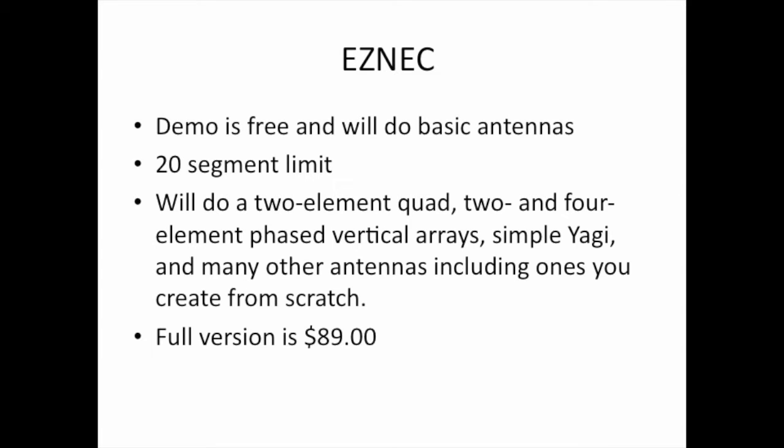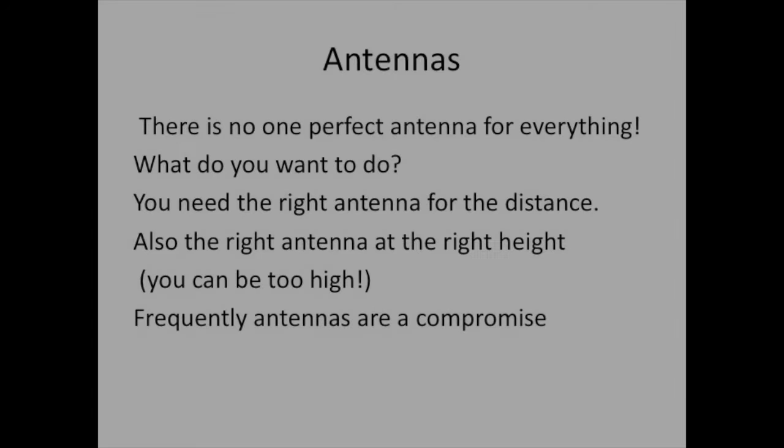No, you can't model a big elaborate antenna with the free version, but you can do dipoles and Yagis and inverted V's. The demo is free. It'll do a 2-element quad. The full version is well worth it for $89 if you're going to do a lot of antenna modeling.